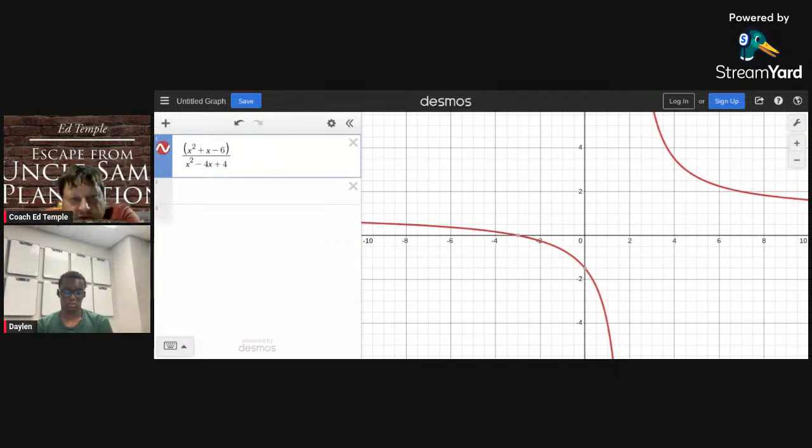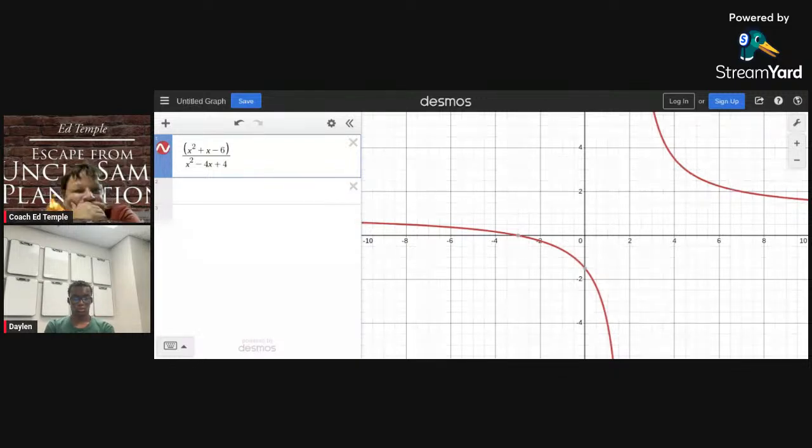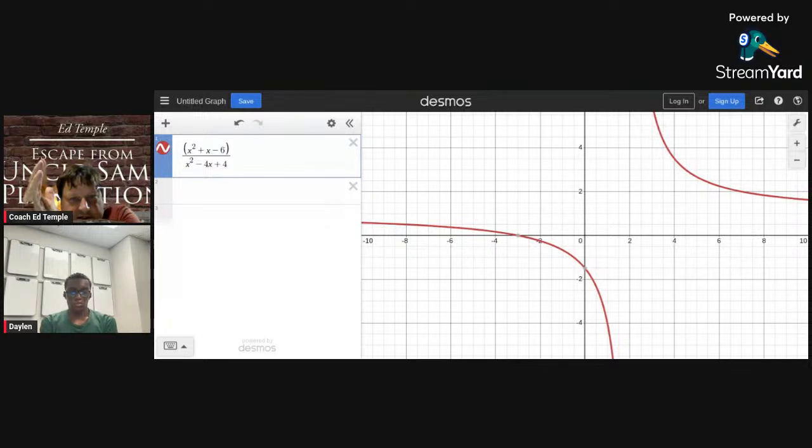Remember when you graph, you go left to right, just like reading. So when you're heading towards 2, you end up going down to negative infinity. But if you're going from the right side of 2, then you're heading towards positive infinity.